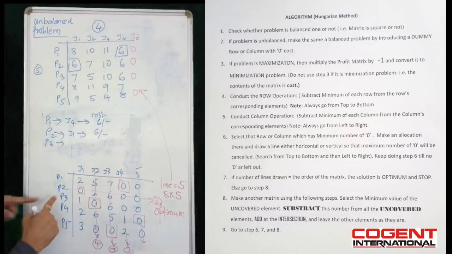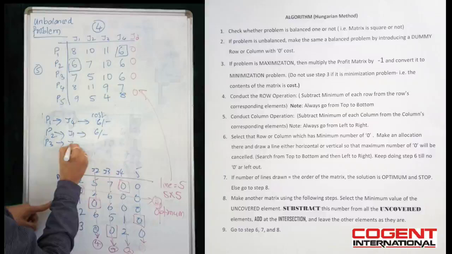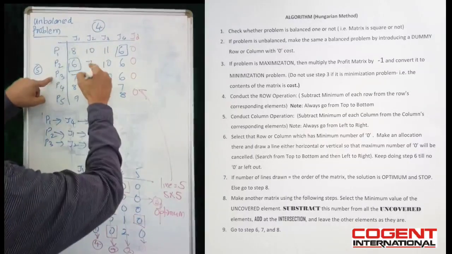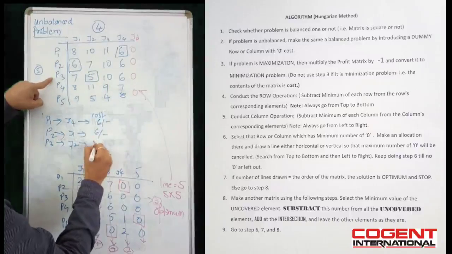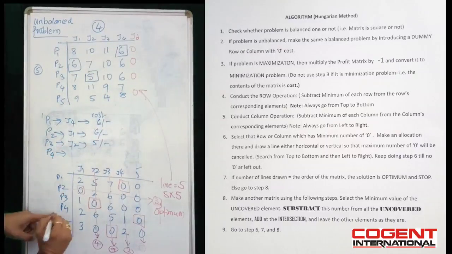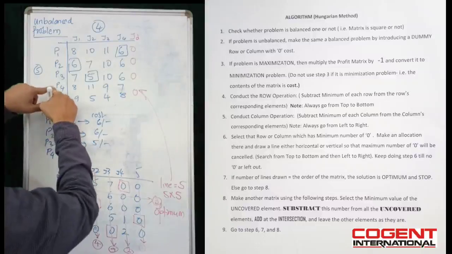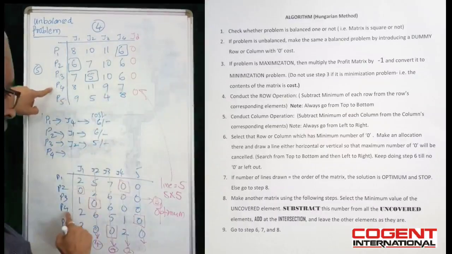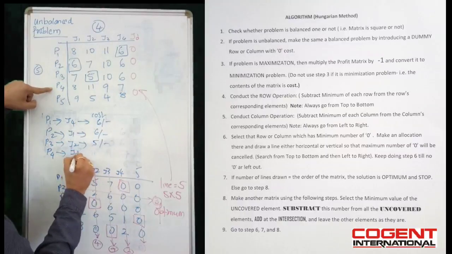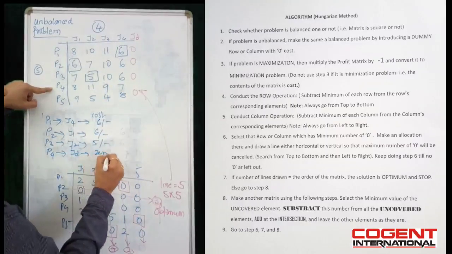P3, person 3, will do which job? Will do J2. At what cost? Come here. P3 J2, it is 5 rupees. And P4 will do which job? What is the job for P4? It is a dummy job. So P4 will do J dummy, cost is 0.